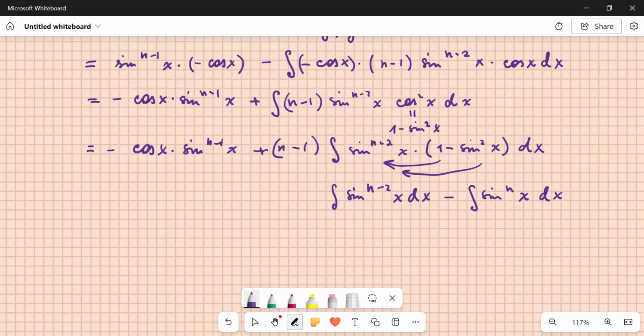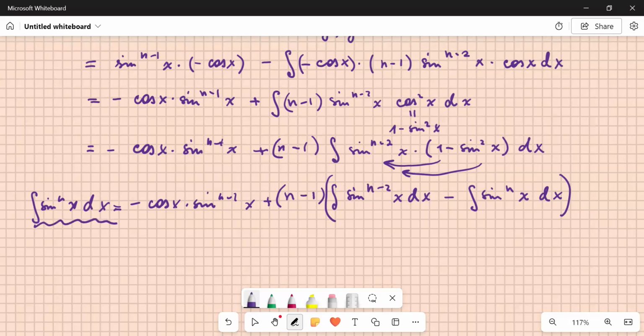And now I'm going to put everything back, with minus 1 here, and I'm going to put this minus cosine of x sine n minus 1 of x here, plus, and I'm going to put the original integral. The original integral was sine to the power of n of x dx, right? You probably already see why I'm doing this. Sorry, there are supposed to be parentheses here because this factor n minus 1 belongs to both of these terms. You see that we do have the integral of sine to the power of n on both sides of this expression.